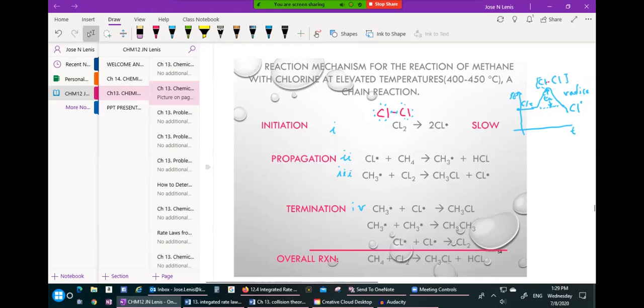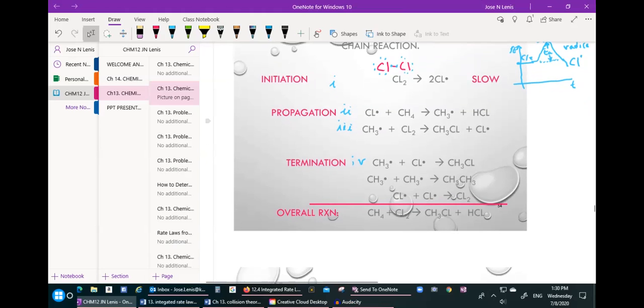Those are just possibilities of what can happen at the termination step. So we represent the whole reaction in different steps. Every step shows or proposes what's happening at molecular or atomic level.